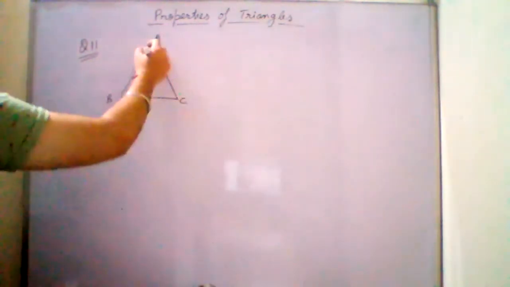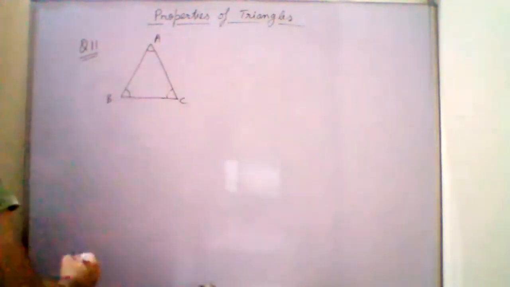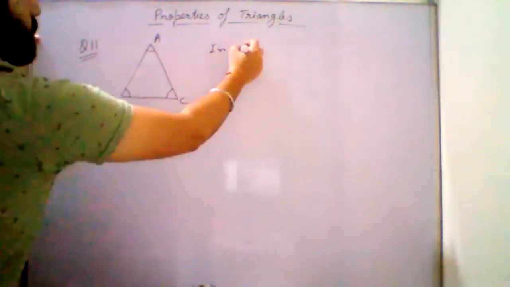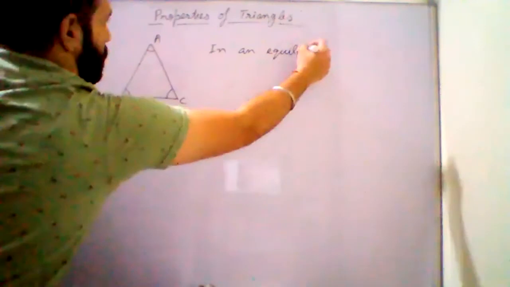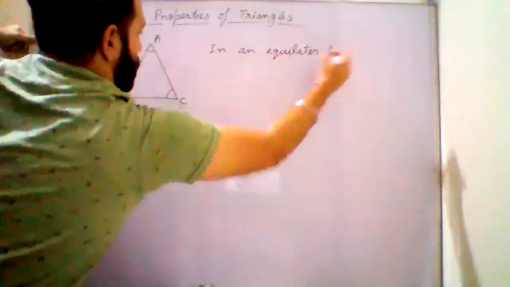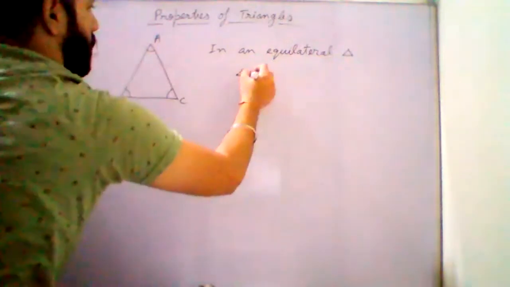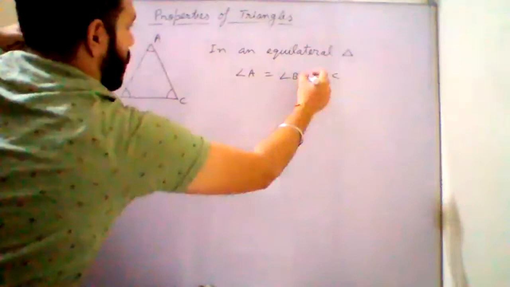We know that in an equilateral triangle, angle A is equal to angle B is equal to angle C. All the three angles are equal.